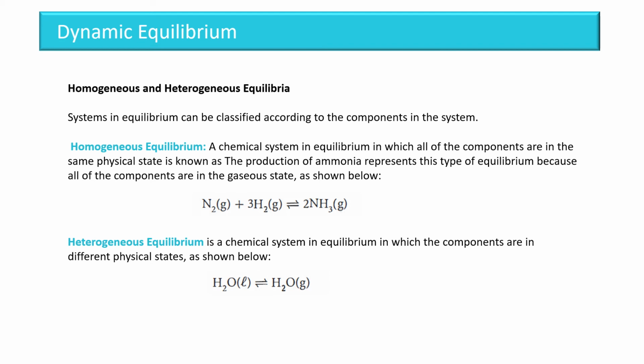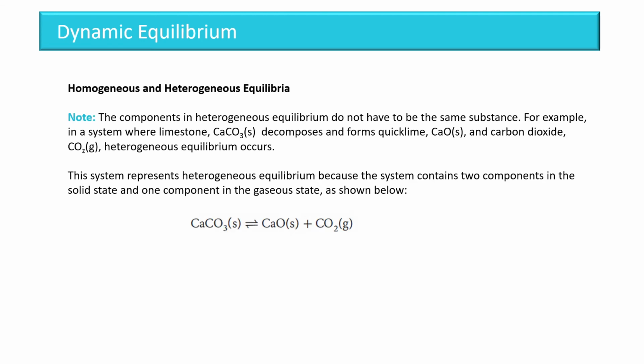A heterogeneous equilibrium is a chemical system in equilibrium in which the components are in different physical states, as shown below. Note, the components in heterogeneous equilibrium do not have to be the same substance.